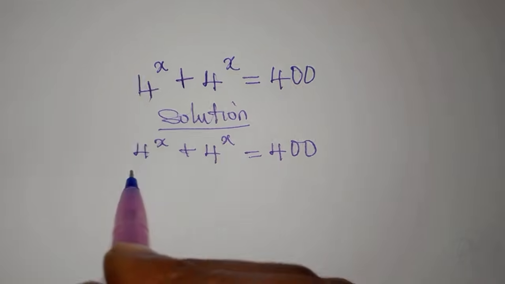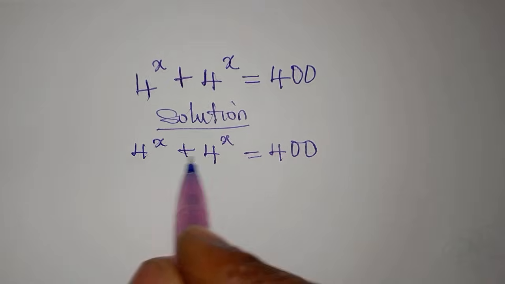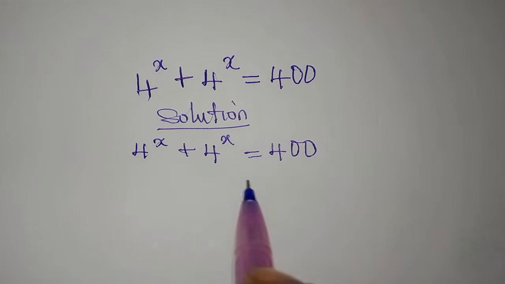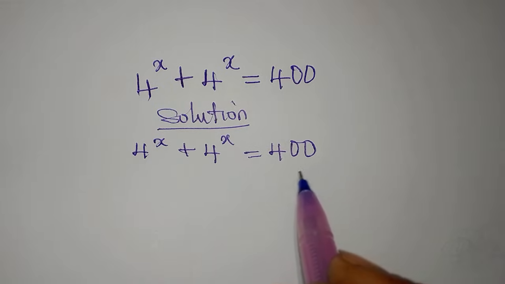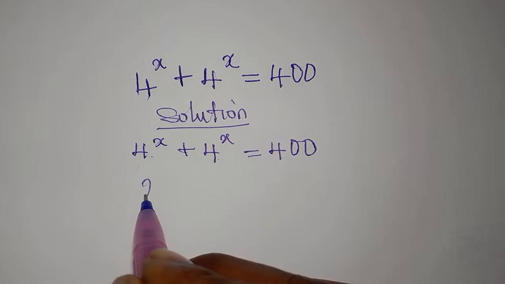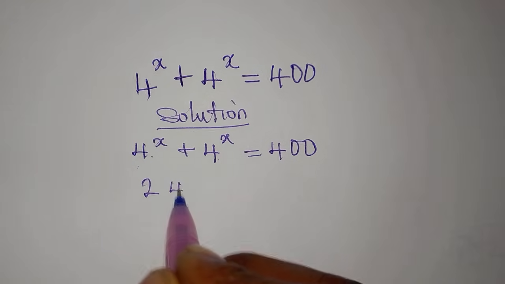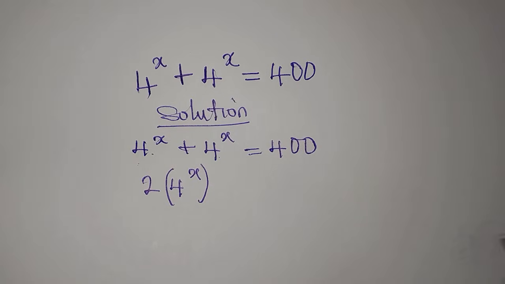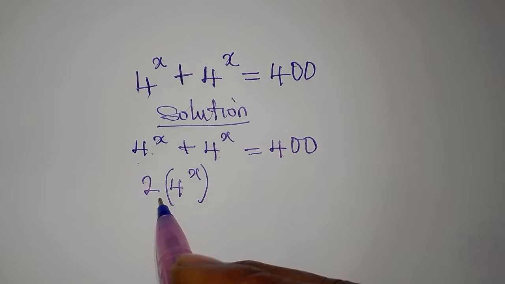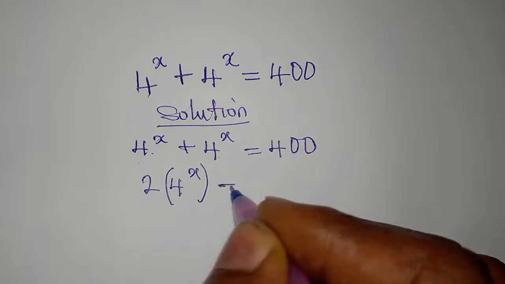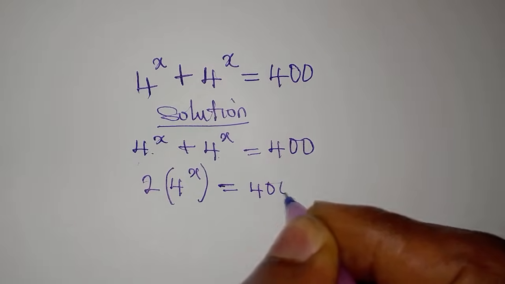4 to the power of x plus 4 to the power of x. We add this just like we add y plus y. Y plus y will give us 2y, right? So 4 to the power of x plus 4 to the power of x should give us 2 of 4 to the power of x, and this is equal to 400.